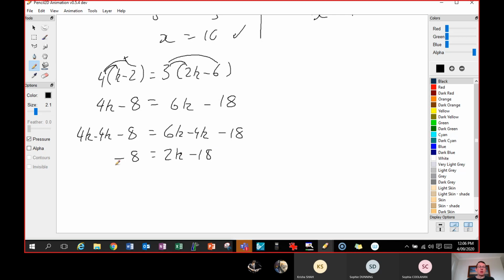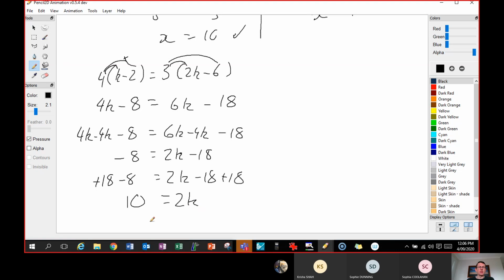Now I'm going to add 18 to both sides because I want to get rid of that. That's going to give me 10. So remember, negative 8 to 0 would get me 8. I'd have 10 left over. And that's going to leave me with 2k.